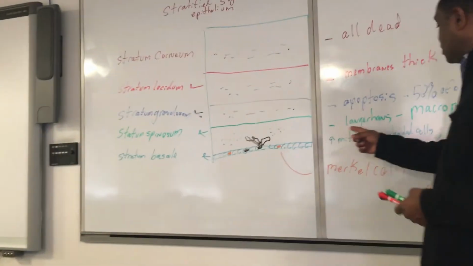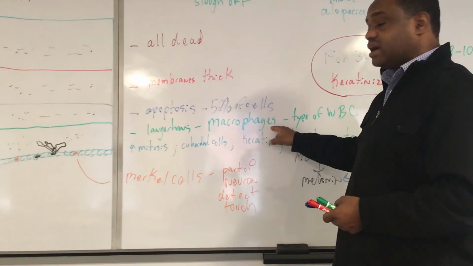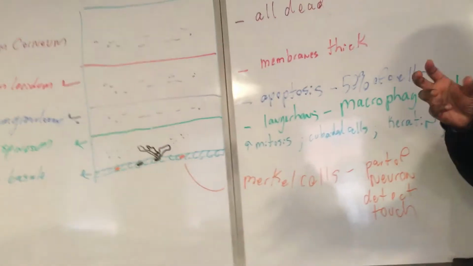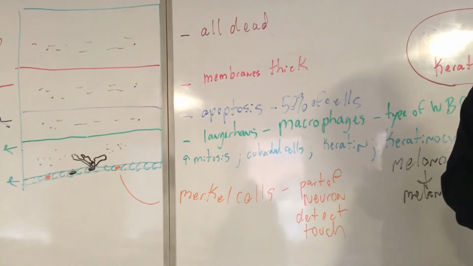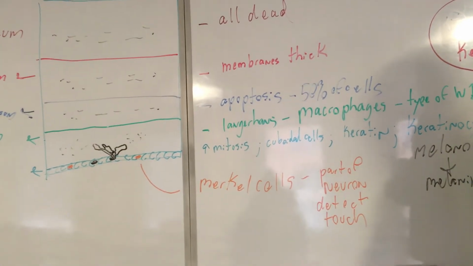I like to end with the Langerhans cells in the stratum spinosum layer. He's a macrophage, a descendant of white blood cells. White blood cells go up to an enemy, some invader like a bacteria or any other microbe that might cause you harm, and they eat it.